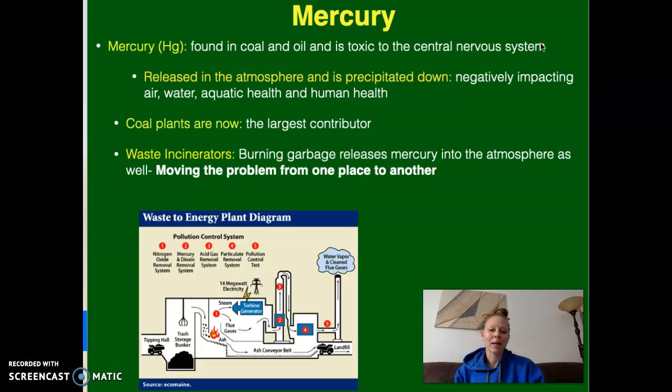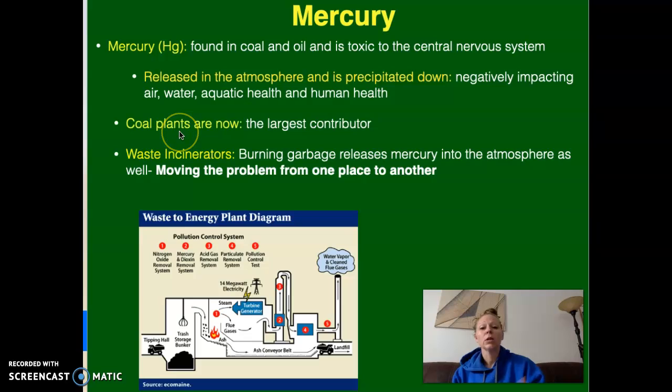It's sort of like a little magnet, and it's going to mess up the way that your cellular pumps work, the way that your cells are interacting with one another, and so mercury does not help your system. And one of the largest contributors to mercury being released into the atmosphere are coal plants.